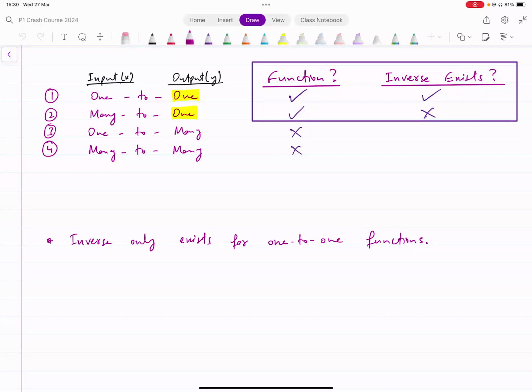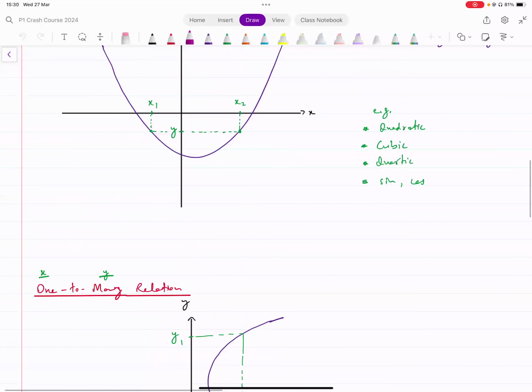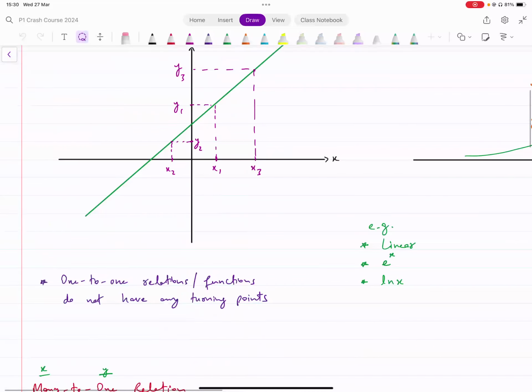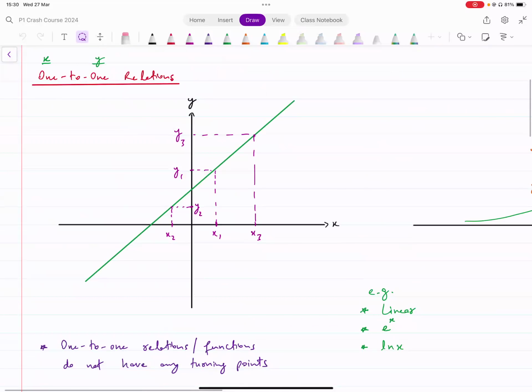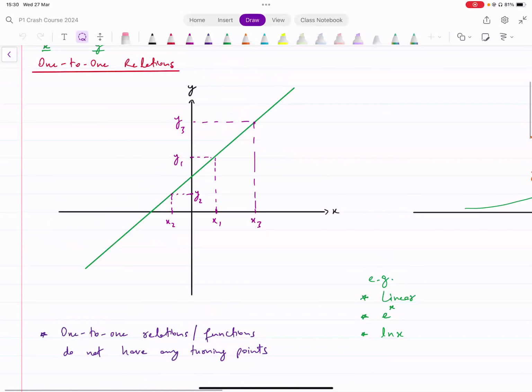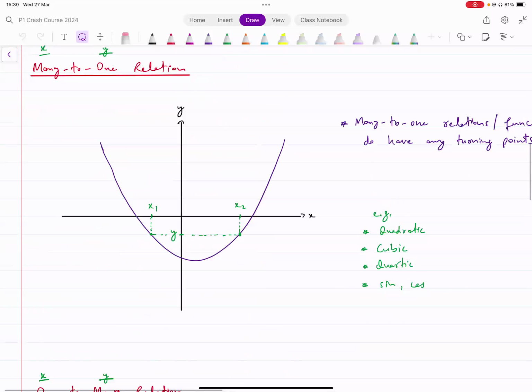Now, this is one thing that we want to discuss here in addition to this, and that is, how can we figure out, looking at the graph of a function, whether this function is one-to-one or many-to-one?